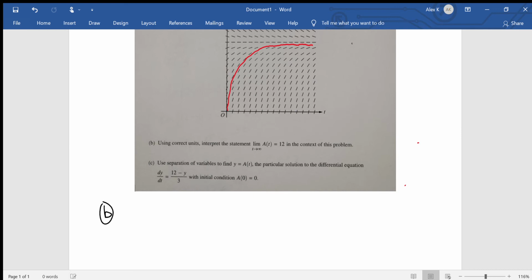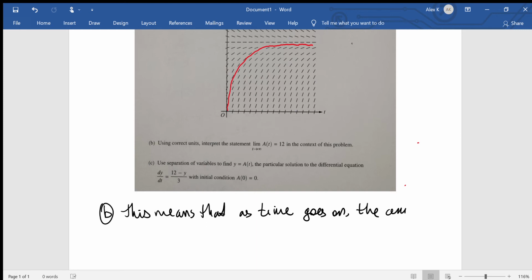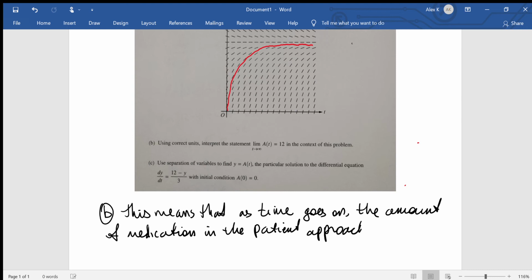So for part B, this means that as time goes on, the amount of medication in the patient approaches 12 milligrams.